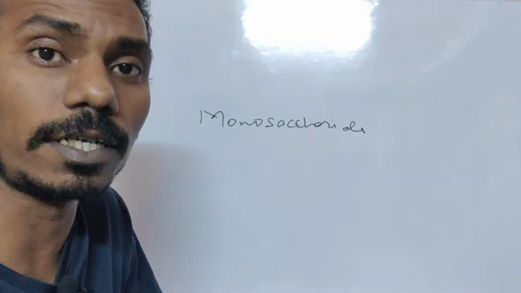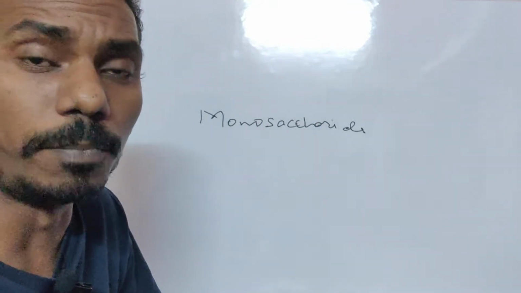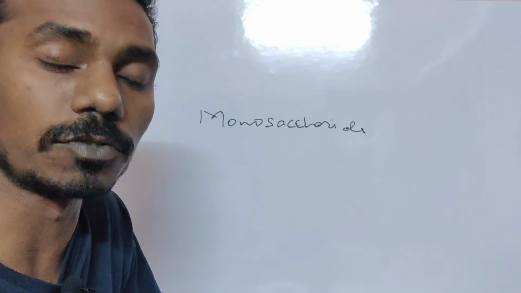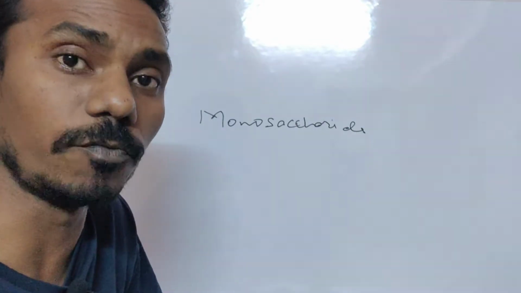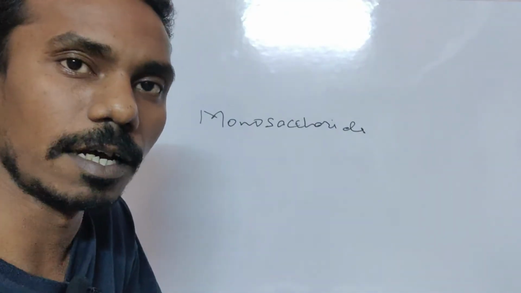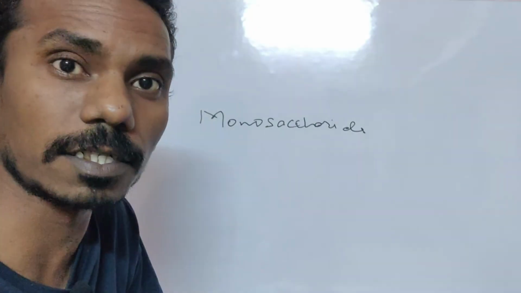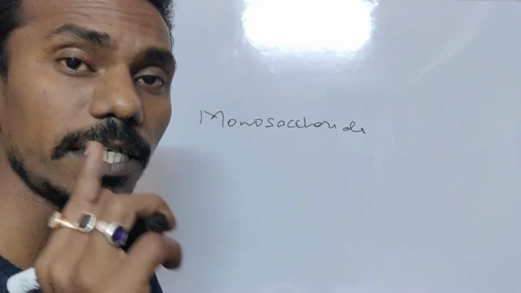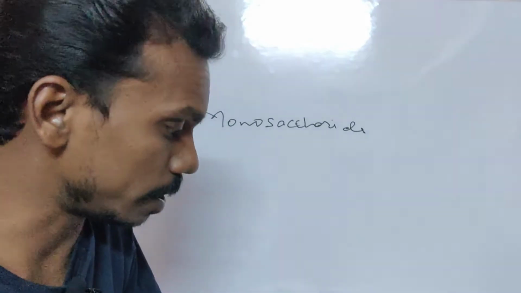Monosaccharides are also called simple sugars. That means if we break one piece of table sugar into various fragments, the smallest fragment will be one molecule of glucose. In that way, monosaccharides are the simplest sugars, formed of only one molecule of saccharide.